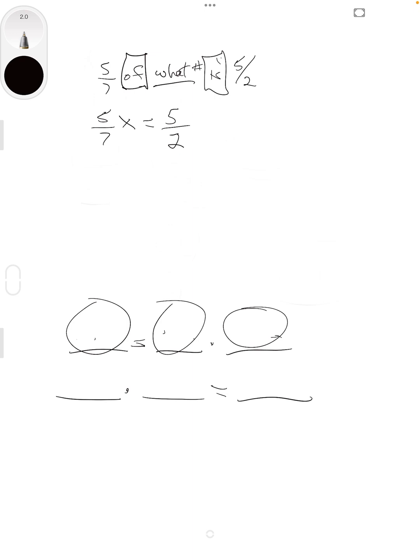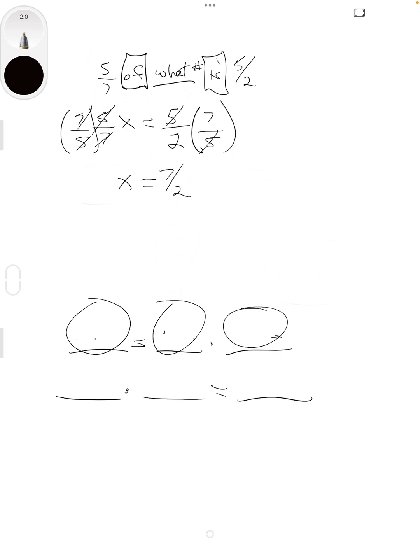So I just need to find x. So x is what number? So 5/7 of what number is 5/2? I don't know. So we figure it out. Well, if I multiply both sides times 7/5, 5's will cancel, 7 cancels, but I got to multiply this side times 7/5. Okay, then I get x equals, and I can cancel those, 7/2.